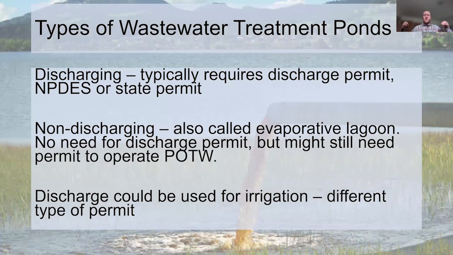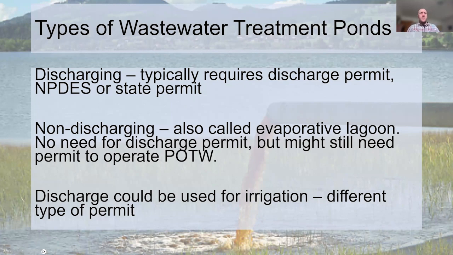This can be constant, at the same rate of flowing in as flowing out, or it can be pumped out in batches. So maybe you only pump water out a couple times a year based on seasonality, when it starts to fill up. And of course, if they're discharging, you're going to need a permit for that, whether it's an NPDES permit or, if it's on state managed land, you might need a state permit.